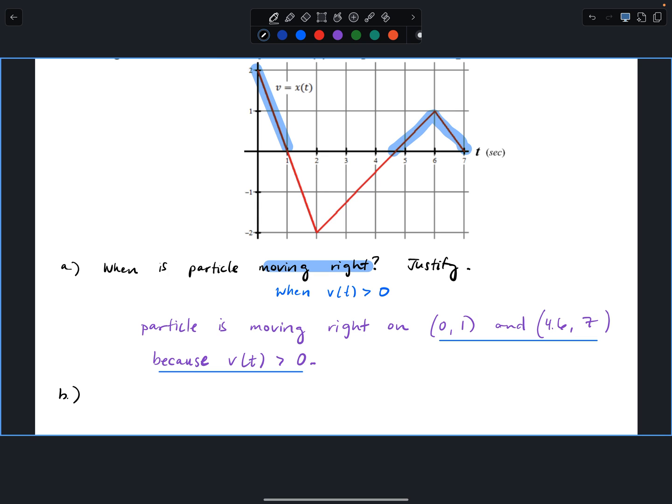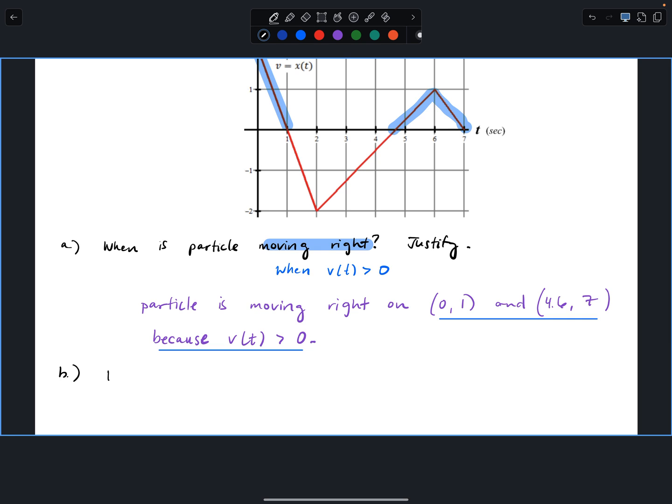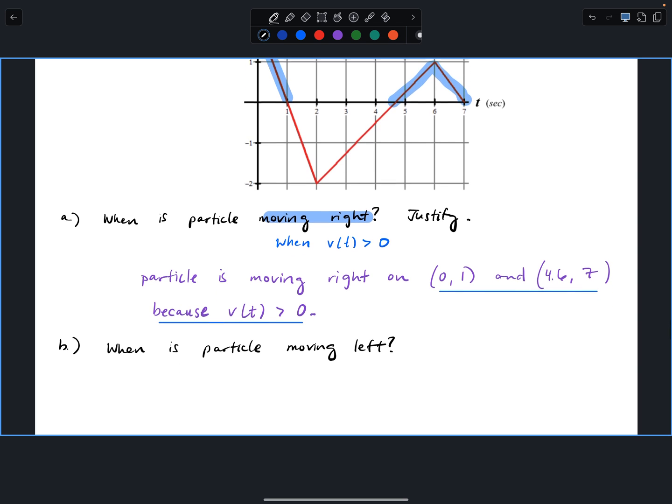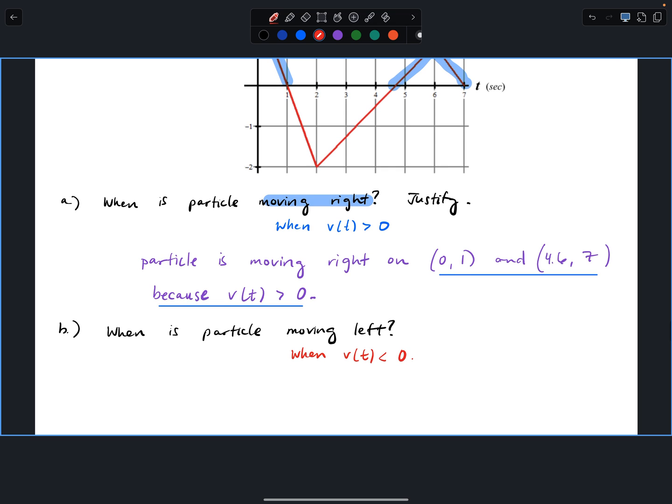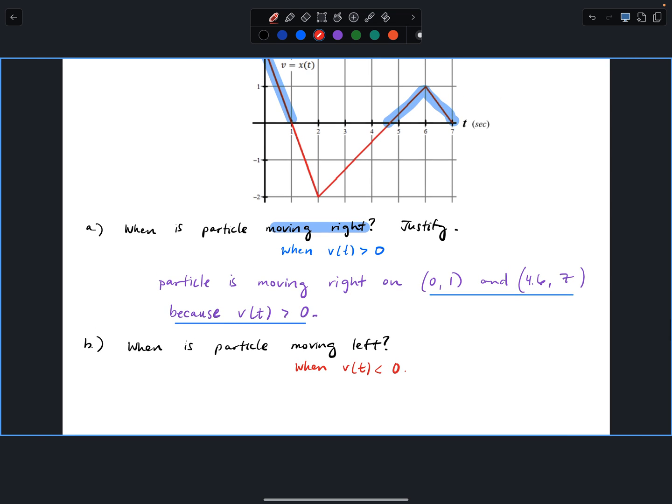So what do you guys think I'm going to ask you guys for part B? When is it moving left? So if it's moving right when it's positive, then it's moving left when? When it's negative. Okay, so where is the particle below the x-axis?